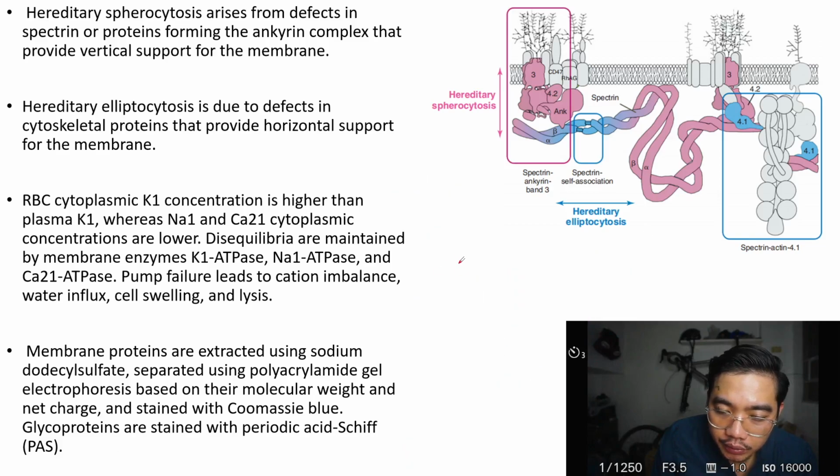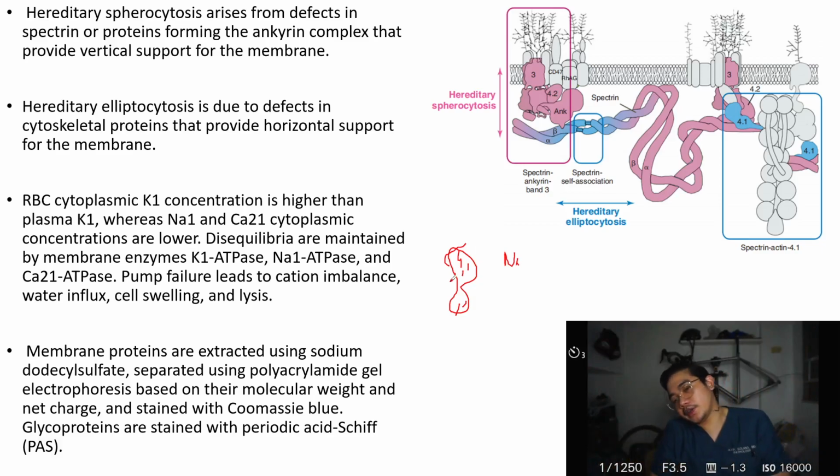If there is too little sodium, then your RBC will crenate, it becomes wrinkly. Both scenarios are very inefficient for oxygen transfer.